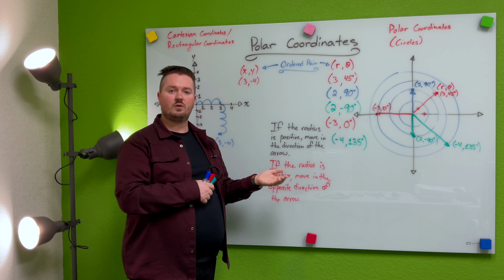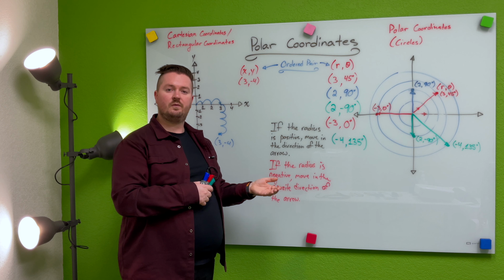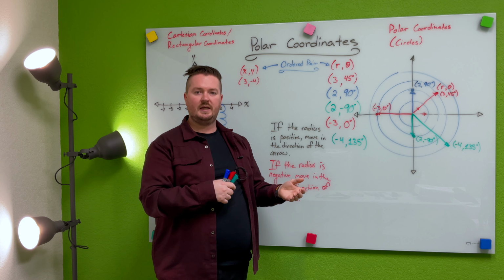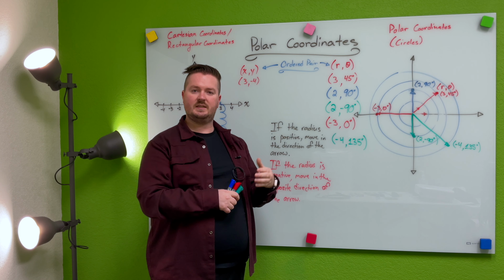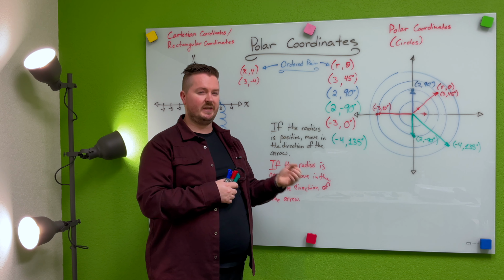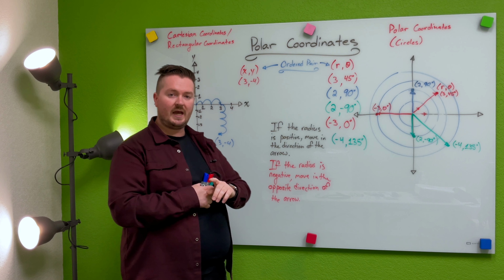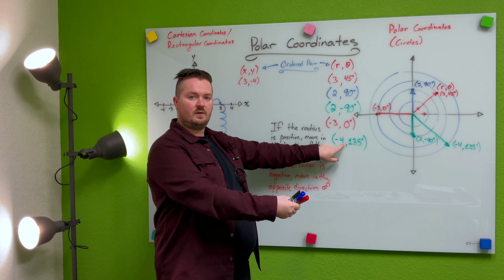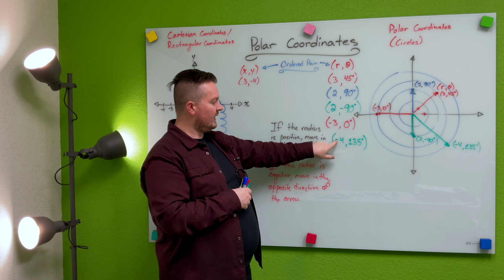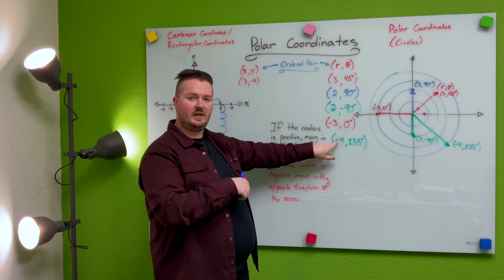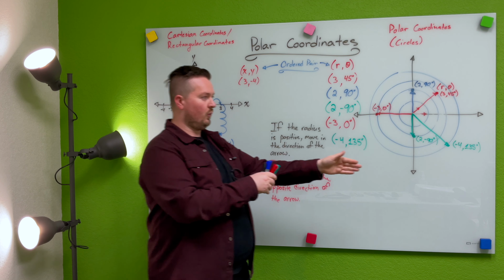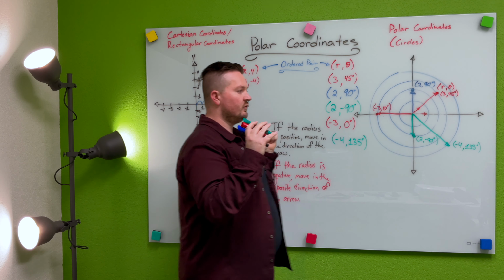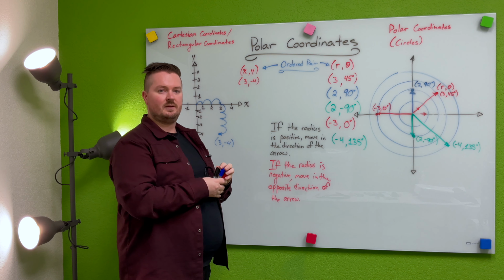But in polar coordinates, it's possible for our radius to be negative, but it's not so much that it's a negative number, because a distance like a radius cannot be negative per se. What we have here is the distance that we want to go out from the origin, and the sign of the radius, positive or negative, tells us if we want to go forward in the direction we're looking, or if we want to go backwards in the direction opposite of where we're looking.